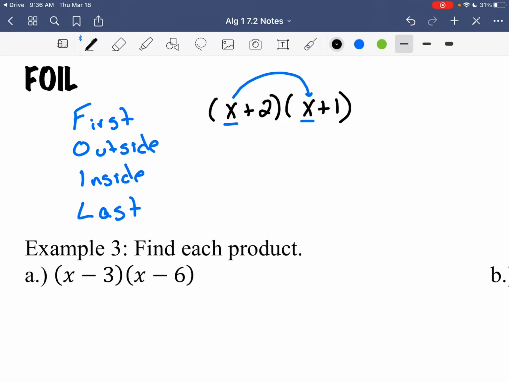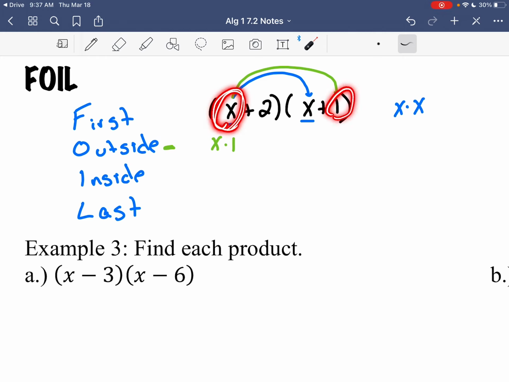The next thing I would multiply is the x times the 1. That's the outside. They're the outside terms.